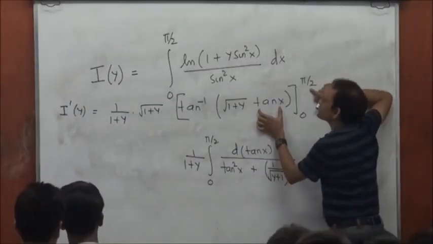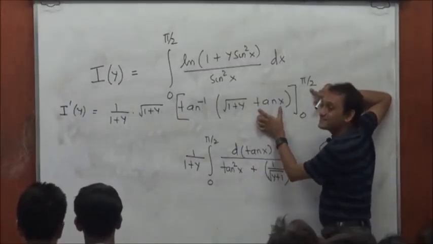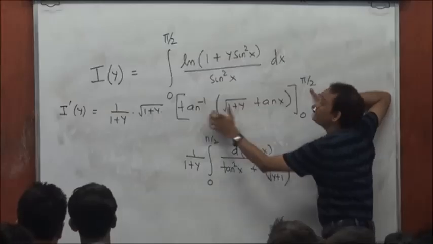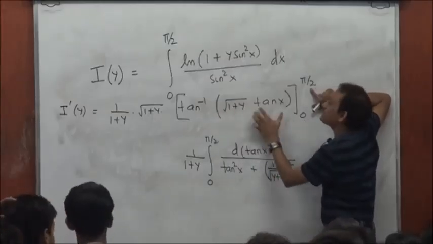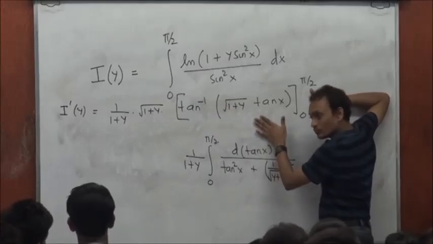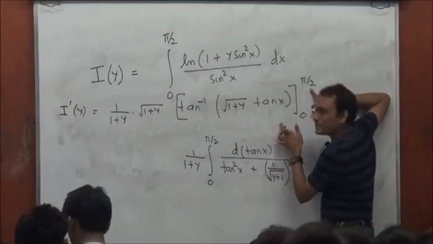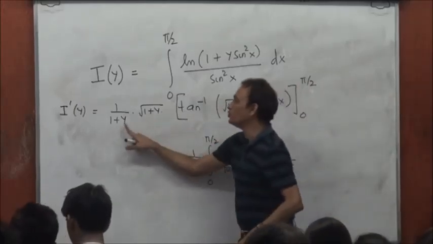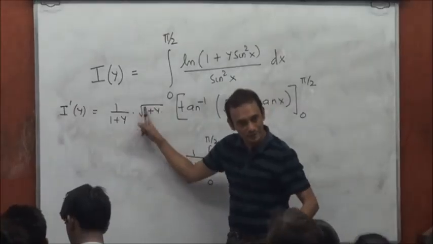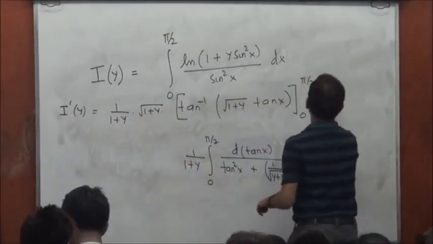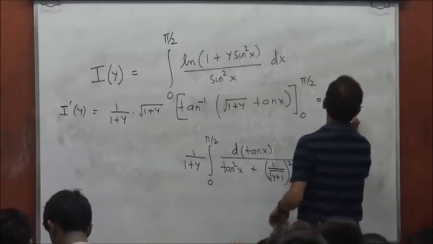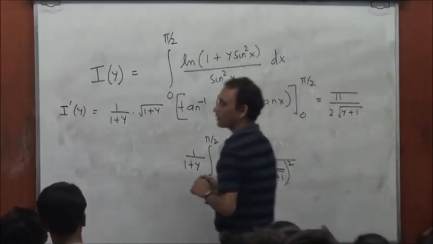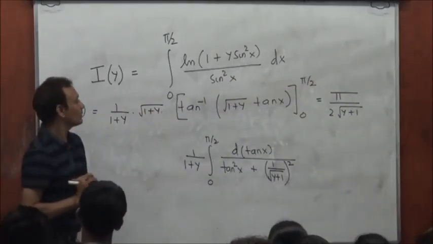When x is pi by 2, tan x becomes very large. So this becomes very large, and tan inverse of very large is pi by 2. When x is 0, this is 0, tan inverse 0 is 0. So this will simply become pi by 2, and this will be 1 by root 1 plus y. Yes or no?